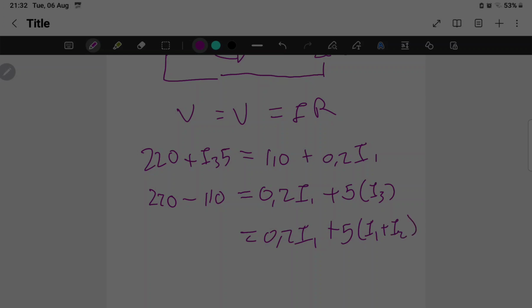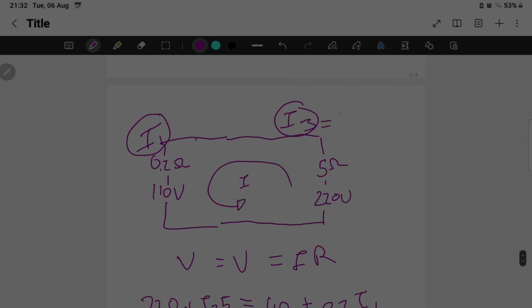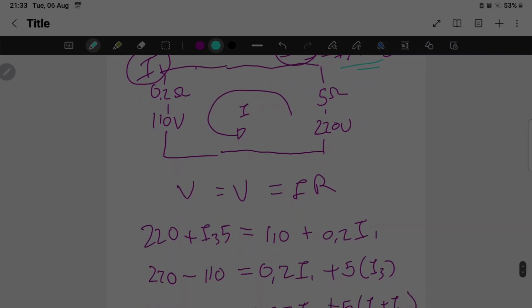Because if we look at the question, it says that I3 is equal to I1 plus I2. That is why I did not want to change it. So I3 is equal to I1 plus I2 on the question paper.